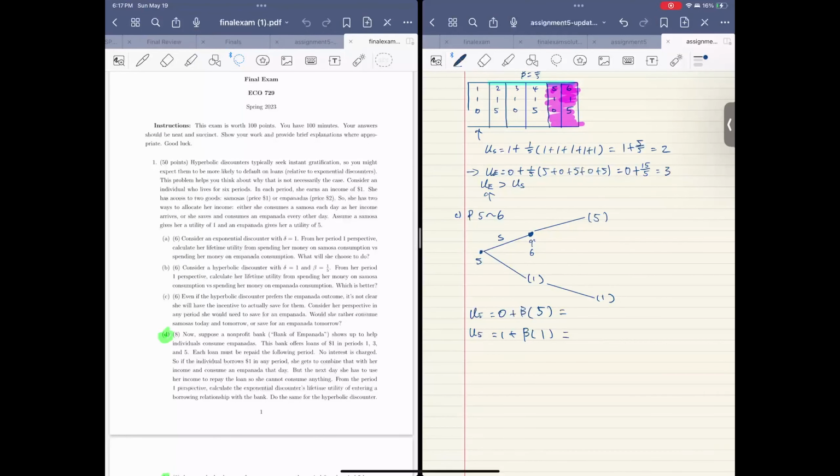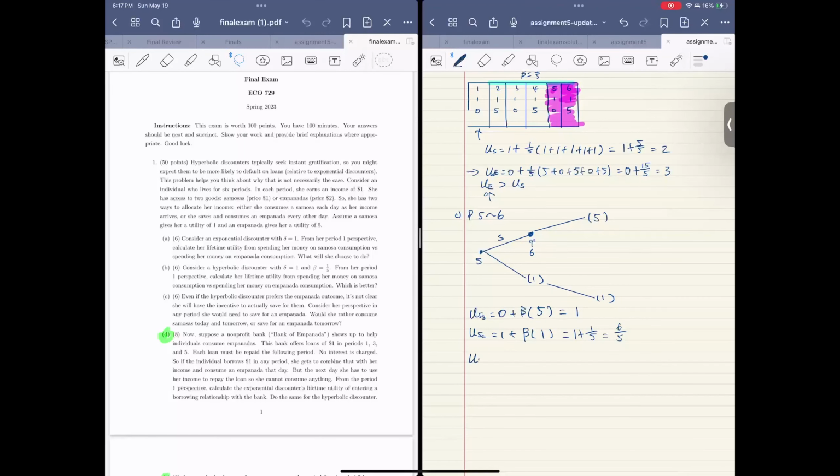You have two decisions: either you choose to save or you consume now. So what do we have? We have 1, and we have 1 plus 1/5, which is 6/5. So this is consume, this is save.